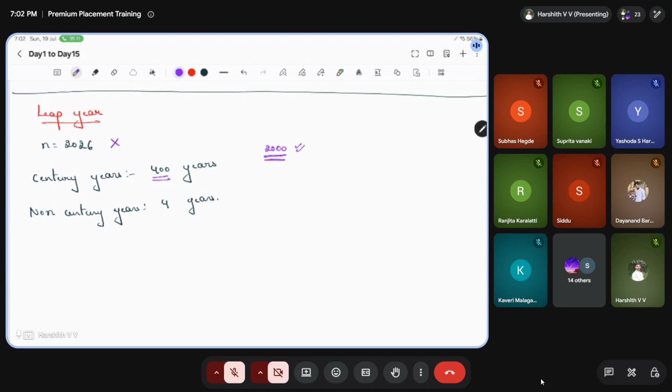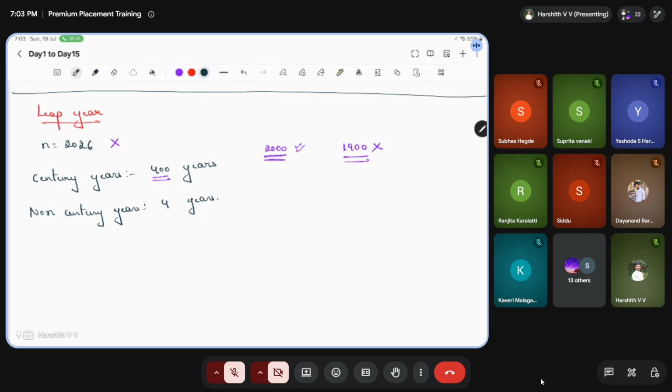In the same way, if you write 1900, is it divisible by 4? Yes, 1900 is also divisible by 4. Divide it: 4 fours are 16, remaining 3, 4 sevens are 28, 475. You can easily divide it without any decimal point. 1900 is divisible by 4, but 1900 is not a leap year. Even though it is divisible by 4, it's not a leap year.